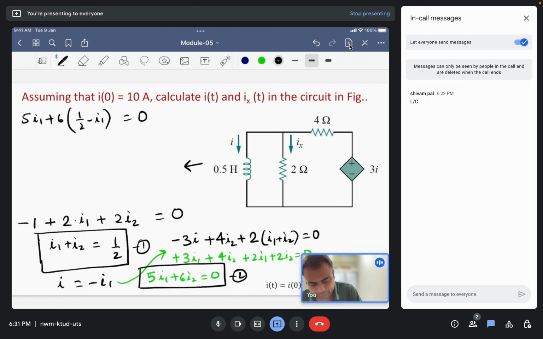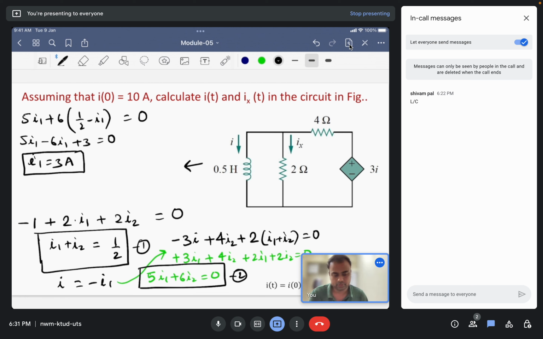So 5I1 minus 6I1 plus 3 is equal to 0. So I1 becomes 3 amperes. That is, this I1 we have calculated to be 3 amperes.